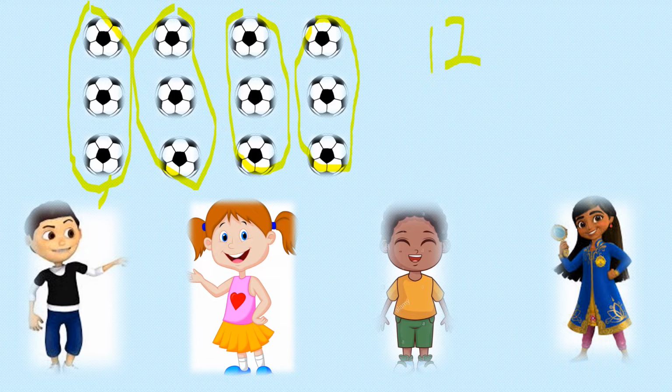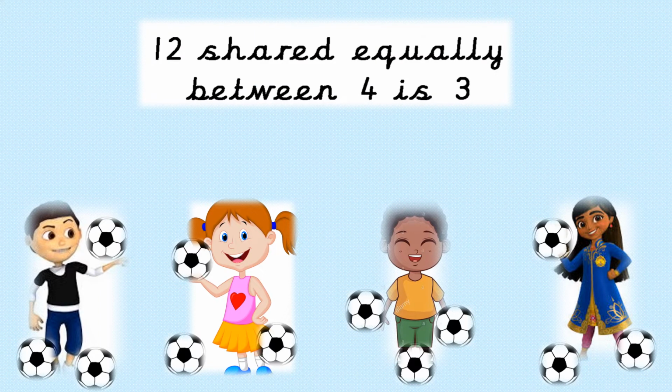So there's 1 group, 2 groups, 3 groups, 4 groups. So 12 footballs altogether shared equally between the 4 children is 3. Each child gets 3. So you can either use pencils, objects, anything you have at home to practice sharing out one at a time, objects into groups, or you might be able to look at the picture when it's in rows and columns and see if you can already visualize, see the groups.